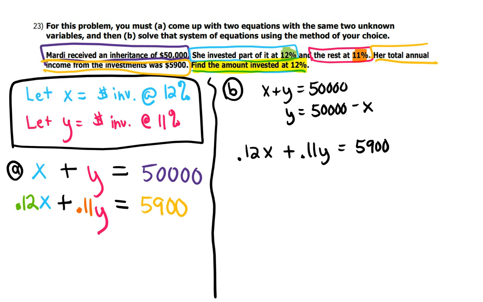And I'll go with red, I guess. This is Y, so I'm going to put it right here. And that way I have nothing but an equation with X in it, because that's what I was asked to solve for.